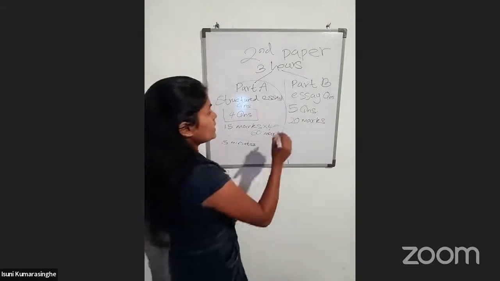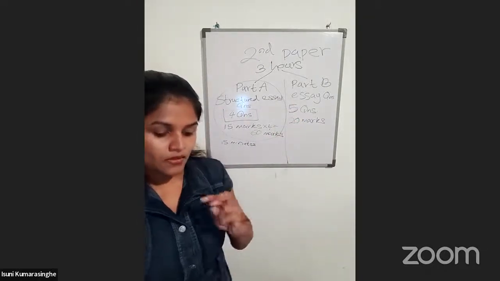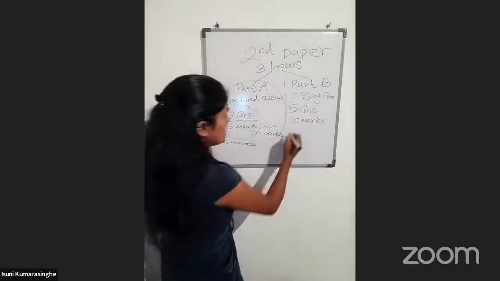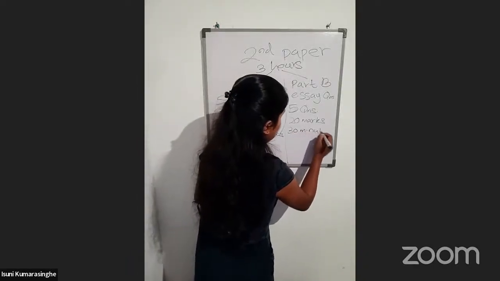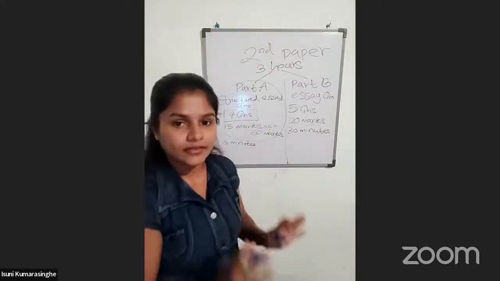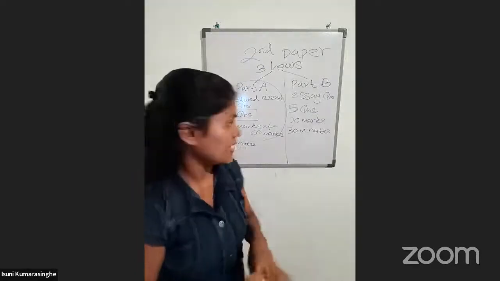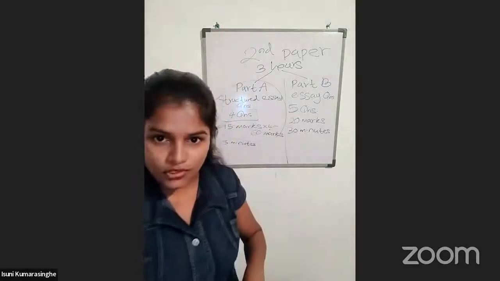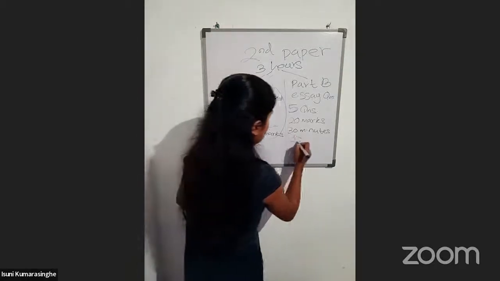And when you write the part B questions, use around 30 minutes for each question. Try to cover one question within 30 minutes or less. That means to cover 3 questions, you need 1.5 hours.